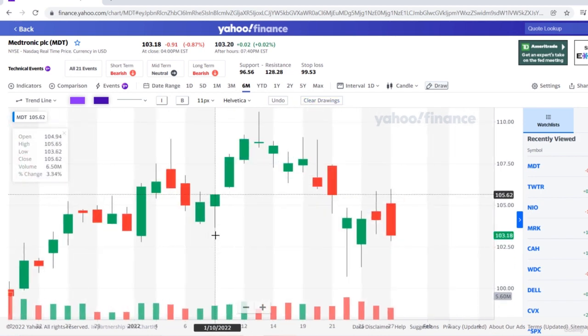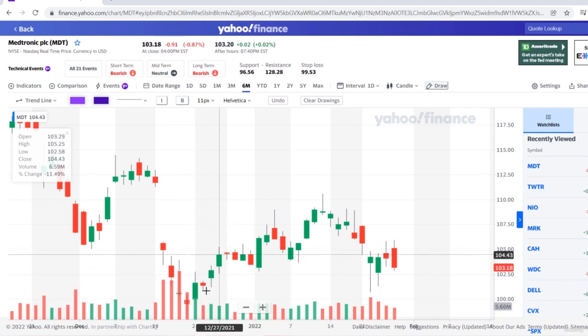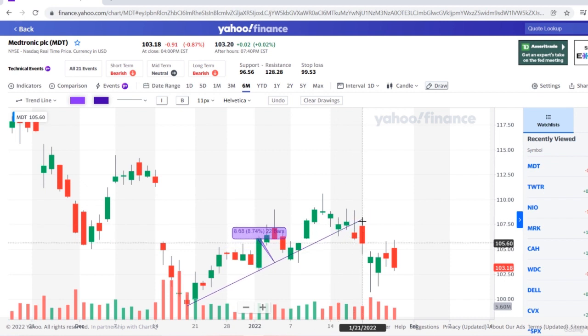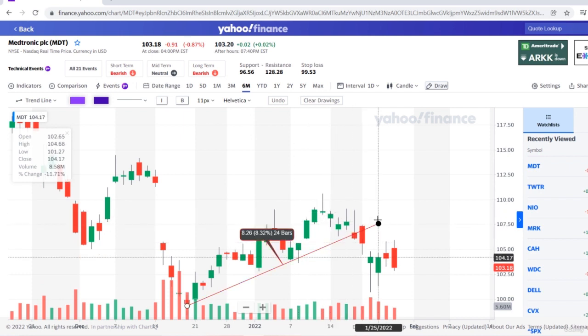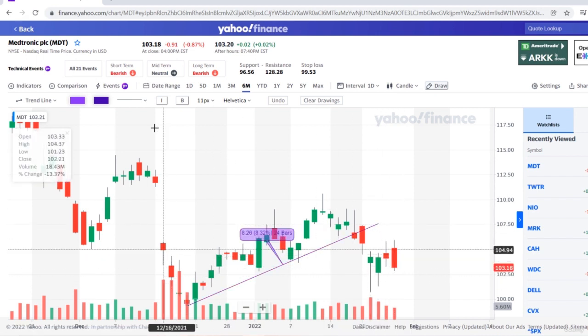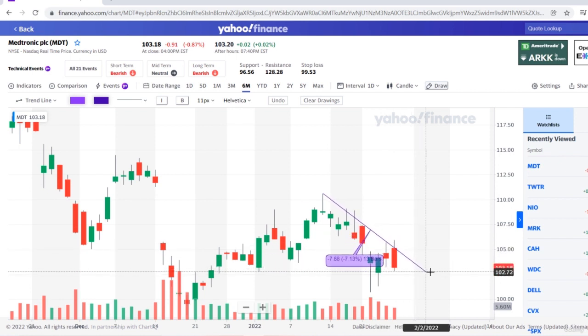So now we're in this new mode right here, where we had a little bit of an uptrend. If we look at the bottom here, we had an uptrend going in this part, where it touched and went back up, but then it broke through again, right? So it broke through this trend line, and now, if we clear this off, we could be back in another downward trend, right?